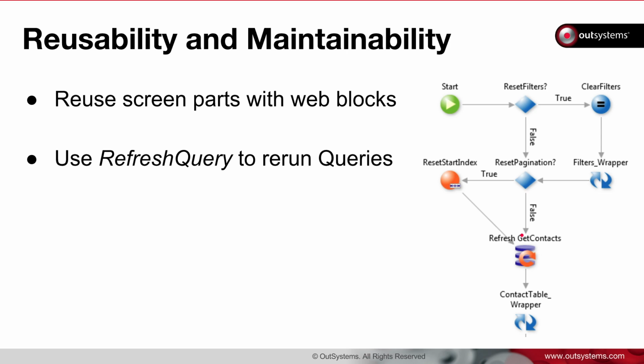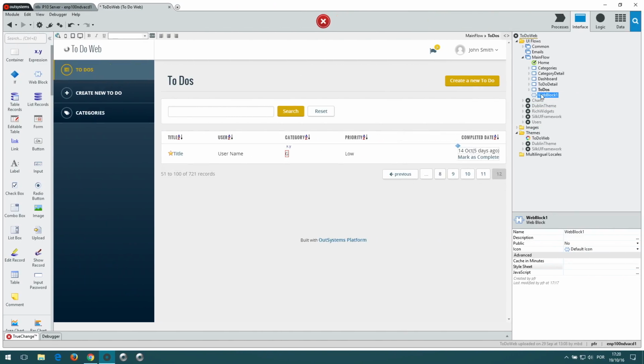If you need data from your preparation in some other action, use a refresh query before trying to access that data. If you do not do that, then your screen will need to carry a view state which includes that data from the aggregate which was run in the preparation. So let's take a look here.